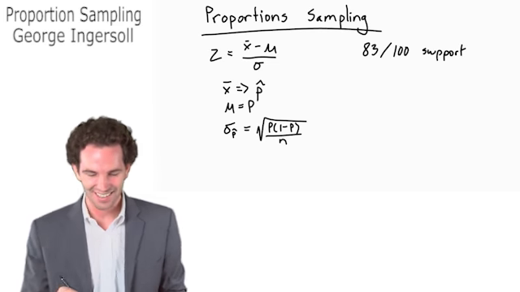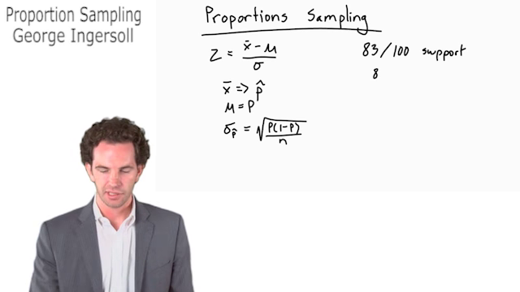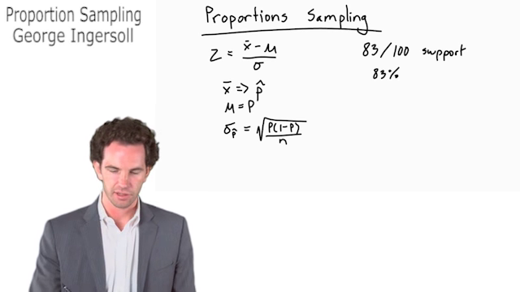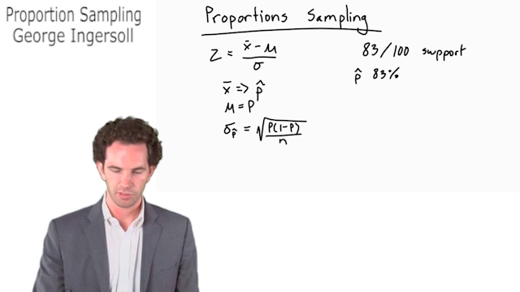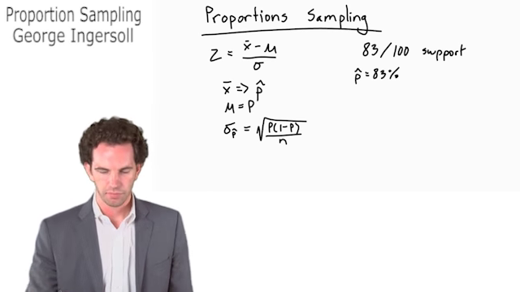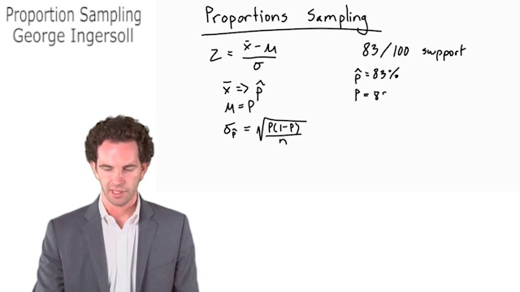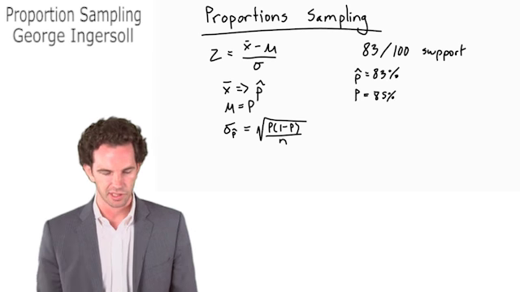Well, let's work this out. 83 out of 100 equals 83%. So this is our sample proportion, right? 83%. And our expected value is P. That would be 85%. So that's what we're testing.